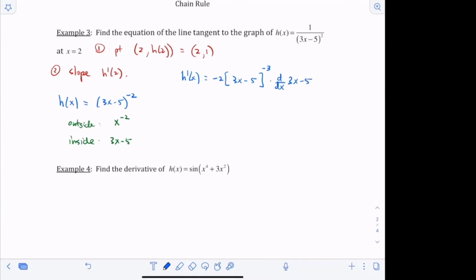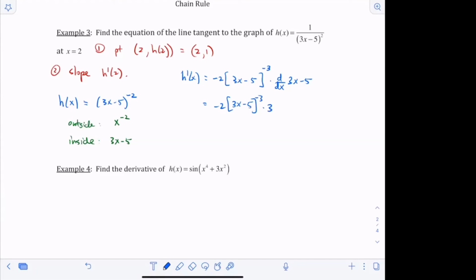Okay. But what's the derivative of this inside function here? That's just 3, right? It's just a line. A line has a slope equal to its slope. I guess that's obvious. So when I simplify this, I'm going to get negative 2, 3x minus 5 to the negative 3 power times 3.